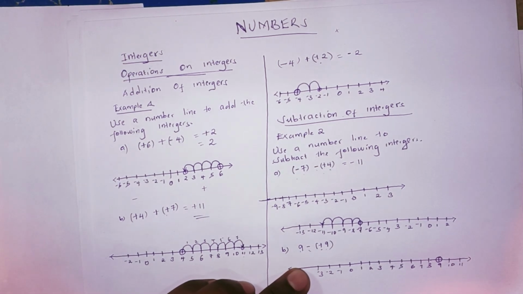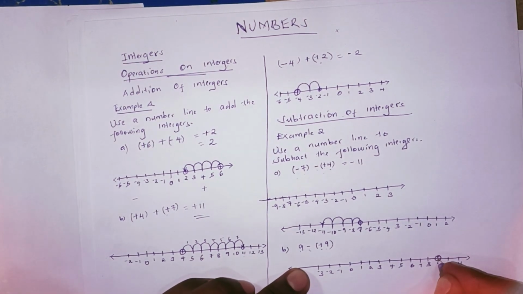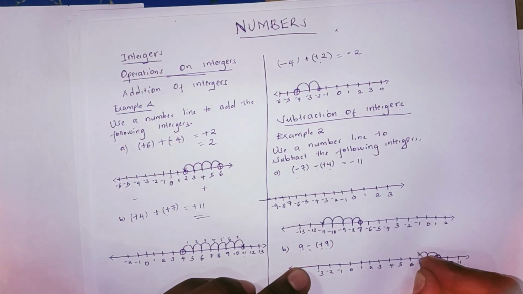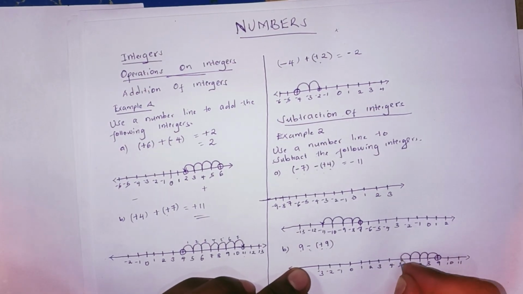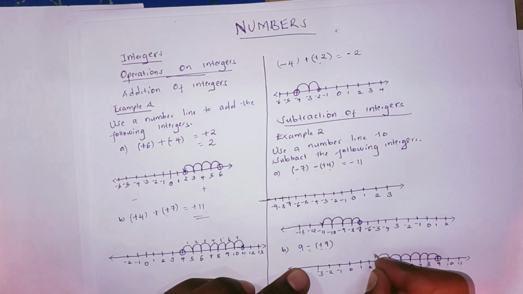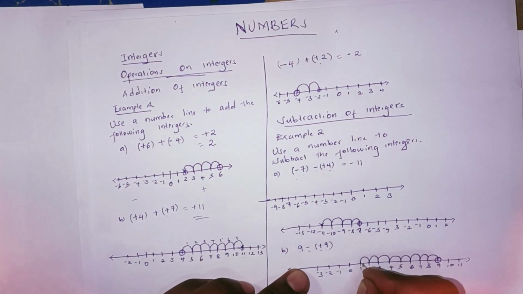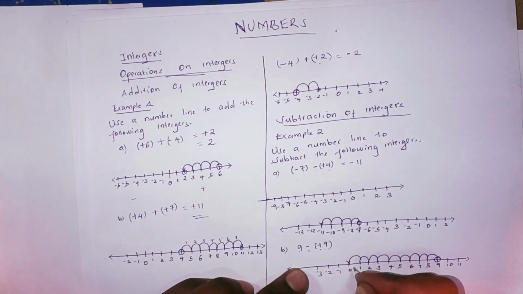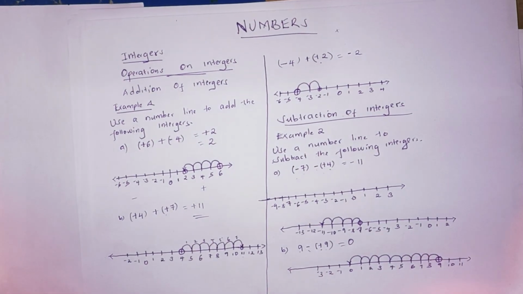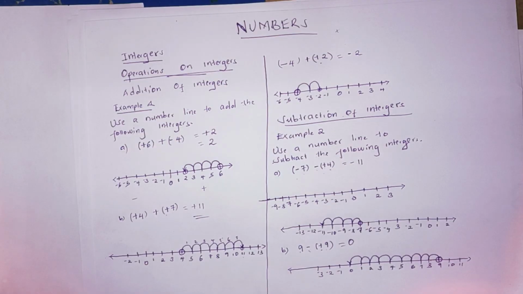So I'll move 9 steps to the left: 1, 2, 3, 4, 5, 6, 7, 8, 9. What is the answer? The answer here is 0. When you move 9 negative steps, you get the answer as 0.